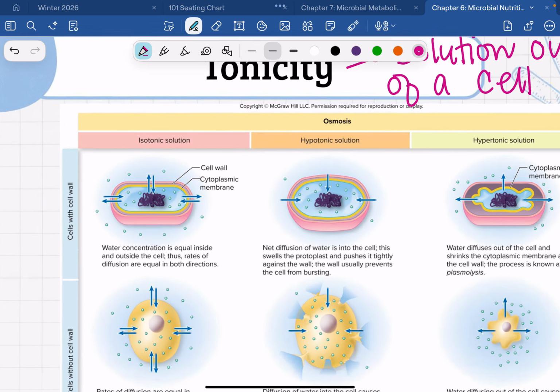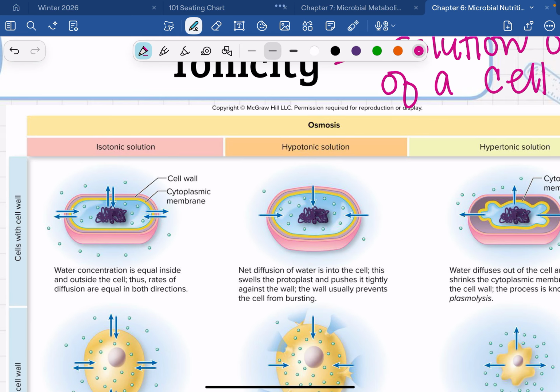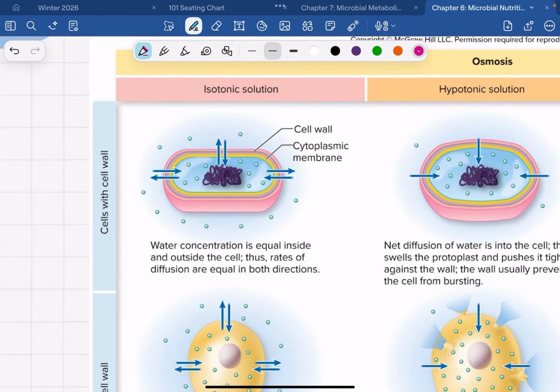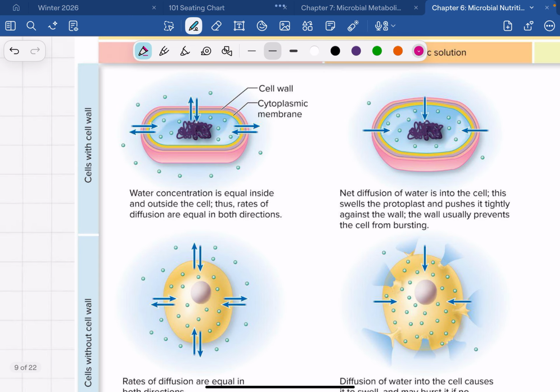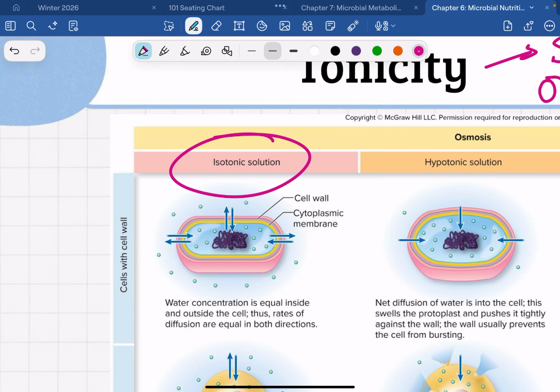The first one we're going to look at is an isotonic solution. An isotonic solution means that the water concentration is equal inside and outside the cell. So the amount of water relative to the solutes is equal inside and outside the cell.